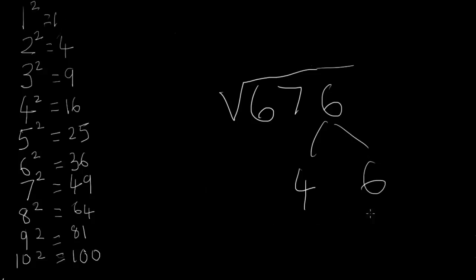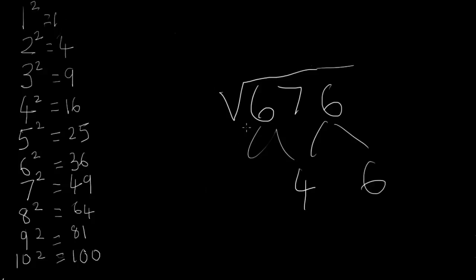Now we decide, like last time, which number is greater. We have to go to the first digit in this case because there are only 3 digits. So we need to find which perfect squares 6 is between. 6 is in between 4 and 9.